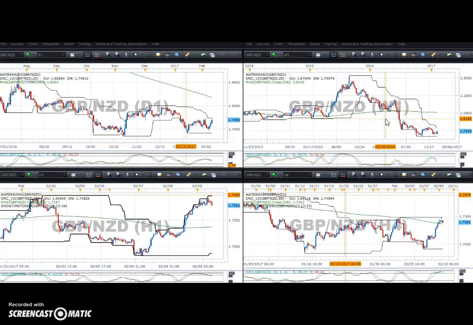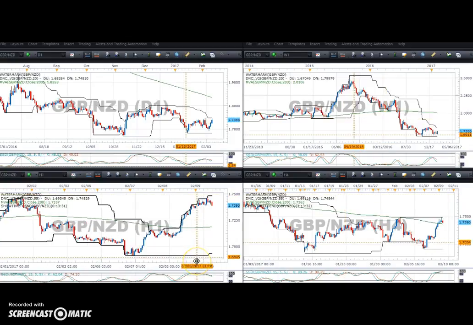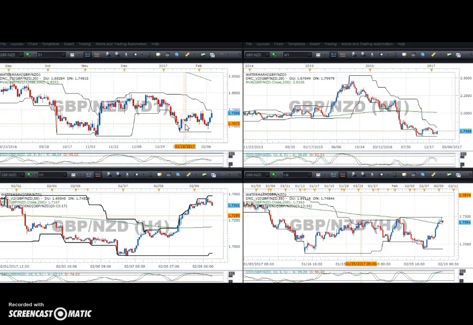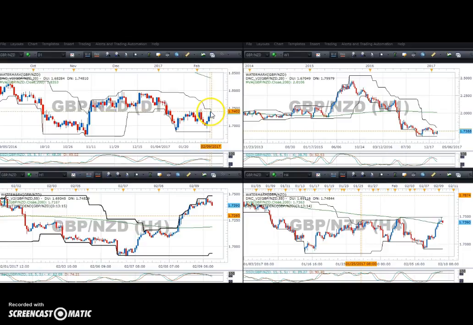So for those of you who might be a little more aggressive, on the 1-hour chart, it tagged the lower channel, took out the upper channel. It's about to maybe take out the upper channel line on the 4-hour chart, and it's already just tagged the upper channel line on the daily chart.